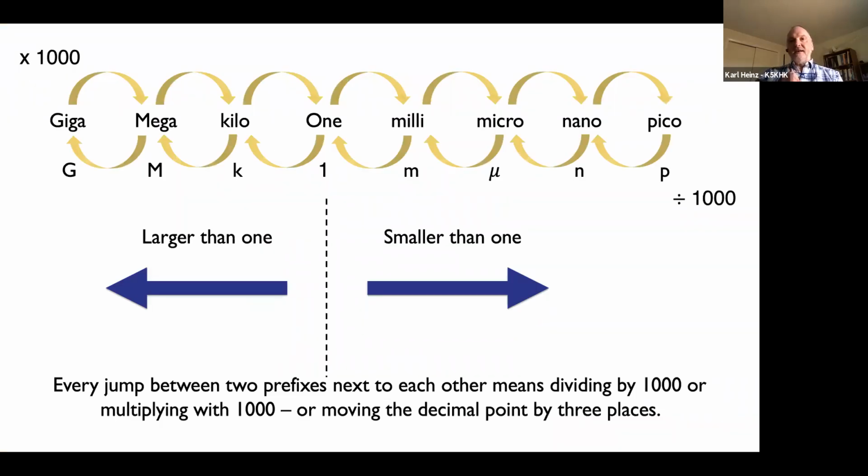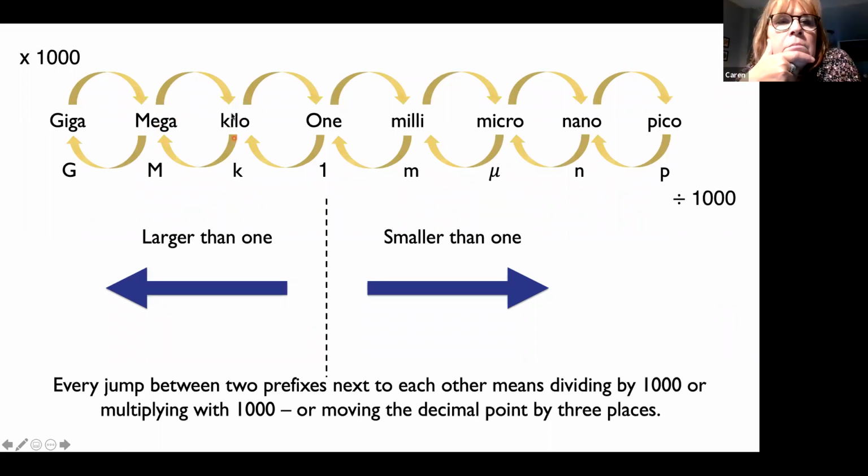So here is a chart that I tried to convey how you convert from one thing to another thing. So I said a kilometer is one of those things. So we have kilo, which, let me just bring up my pointer. Can you see this?